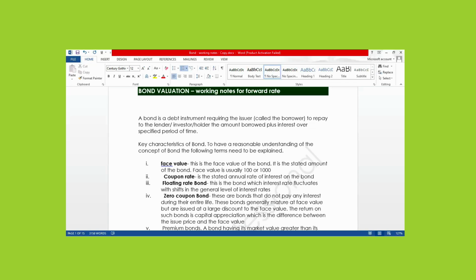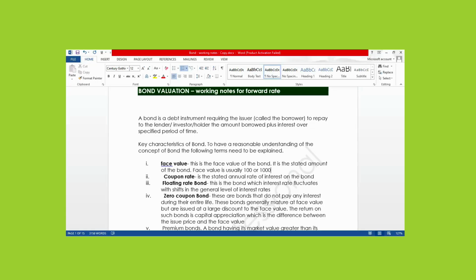Face value will not change. Just like picking your 1,000 naira notes or 100 naira notes, the amount written on it is 100 naira. That is the face value of the bond. It's also called the nominal value.